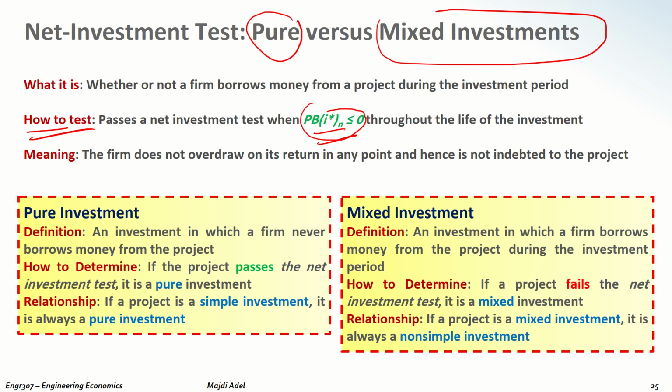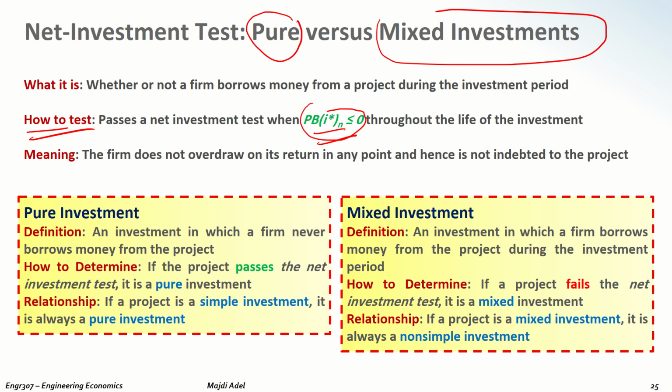The mixed investment is the investment in which the firm borrows the money from the project during its period. لما الشركة تقترض الفلوس من المشروع خلال فترة حياته. And how to determine it? If the project fails the net investment test, then it is classified as a mixed. And the relationship, every mixed investment is a non-simple investment.